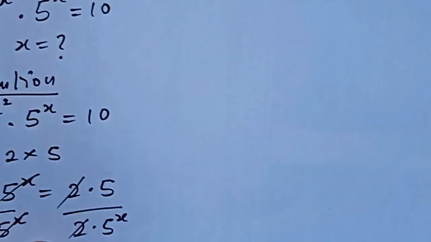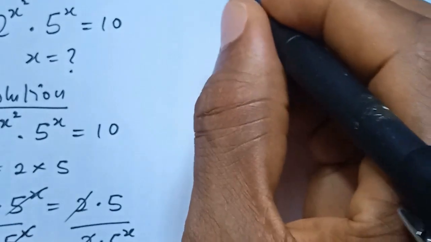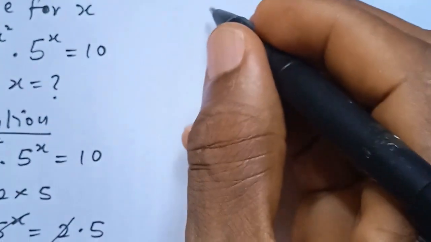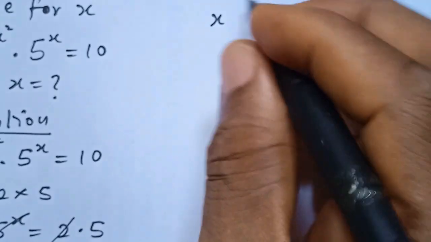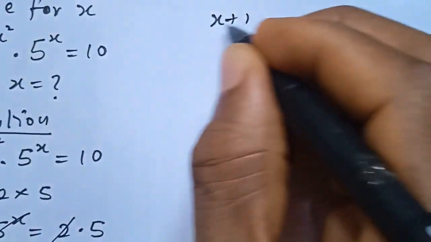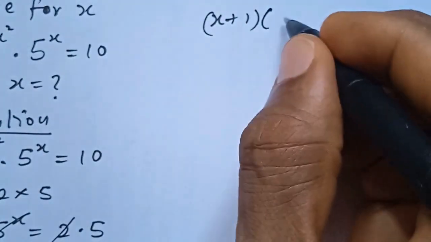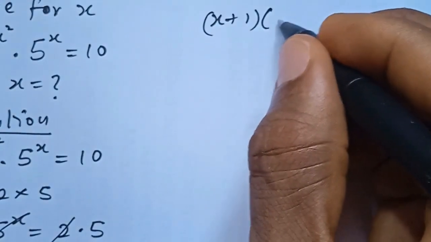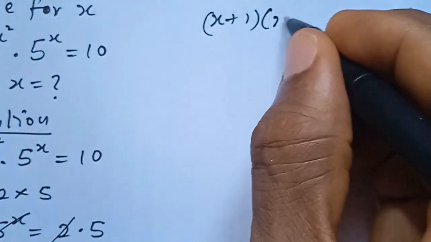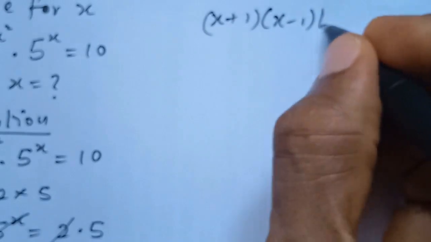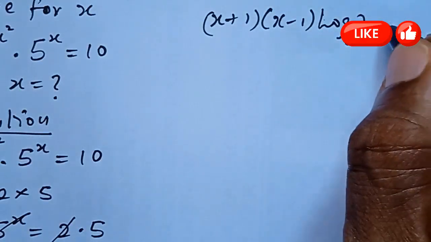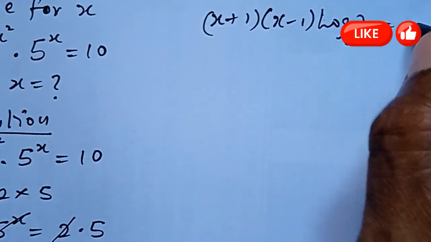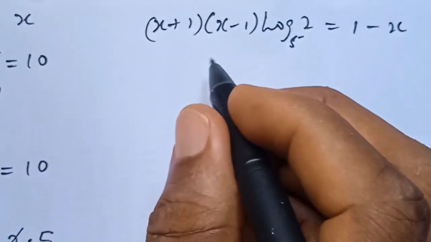And our expression now becomes x plus 1 into bracket x minus 1, then log base 5 of 2 equals 1 minus x. Okay, this is what we have.